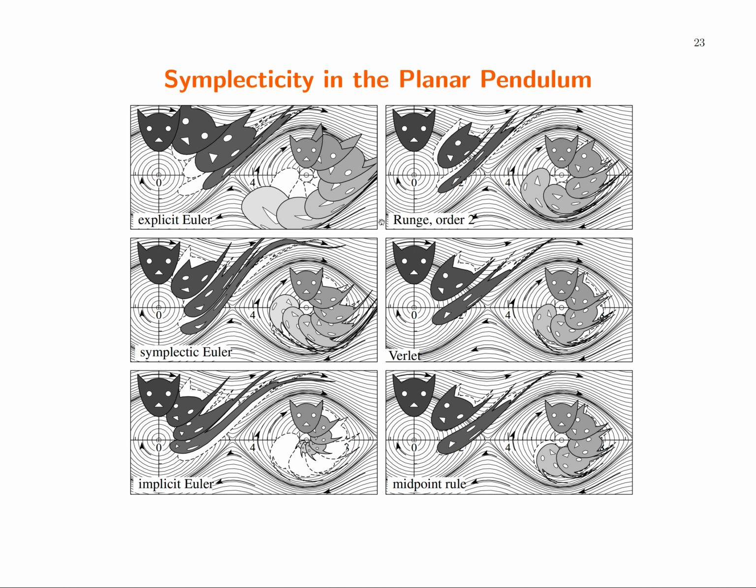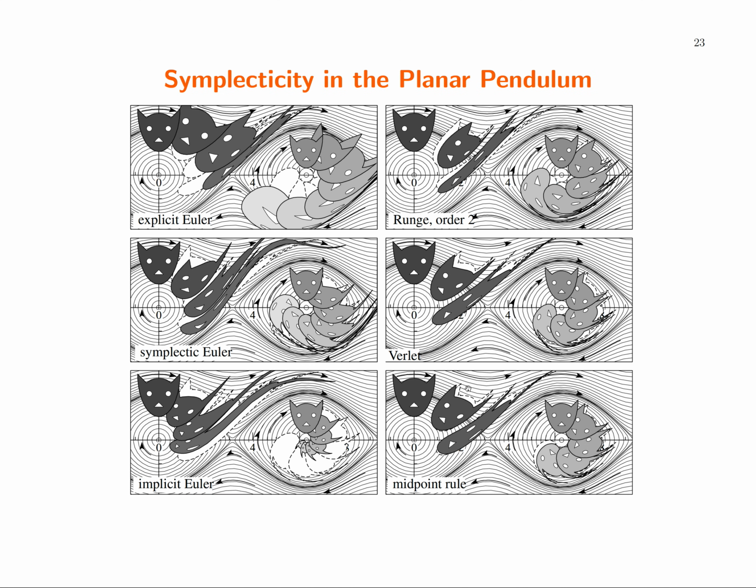All right, so now that's the same plot here, but for the various kinds of numerical integrators you could use. So this is what happens with explicit Euler, and you see that in explicit Euler the phase volume increases. With symplectic Euler the phase volume is a constant. With implicit Euler, it may not be so obvious here, but it's much more obvious with this, that the phase volume is contracting.